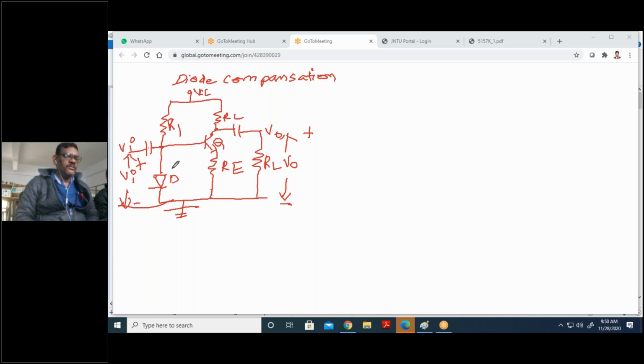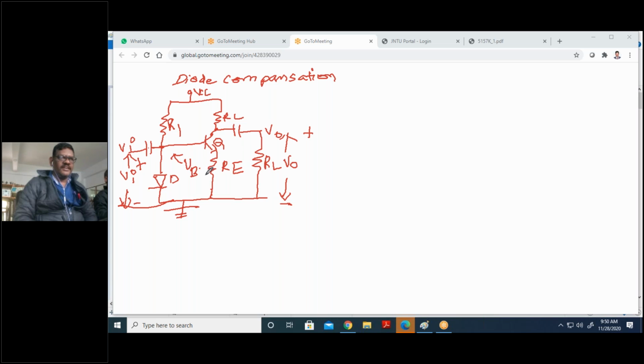Now, whenever the output current increases with the effect of temperature, at the same time the maximum current flows through the emitter. So here VBE will decrease.